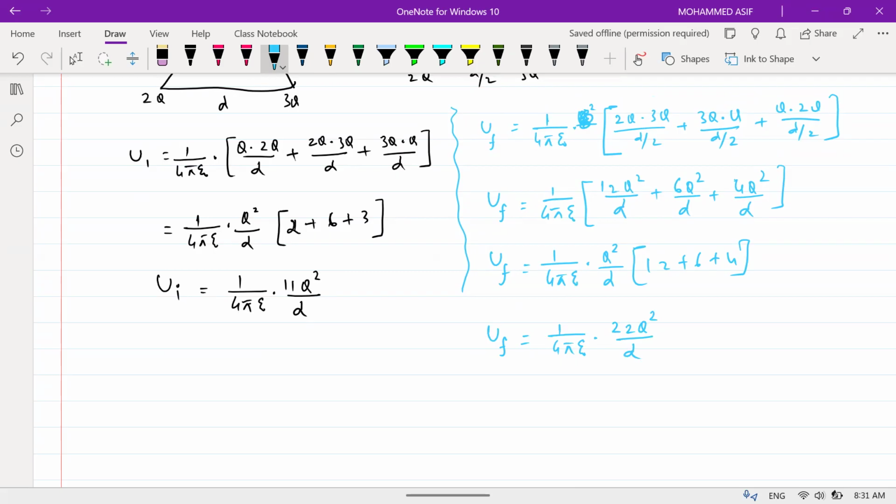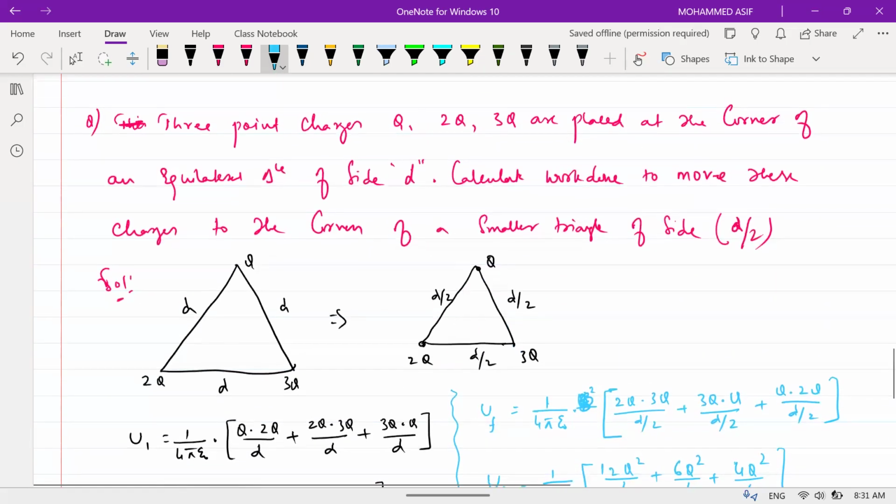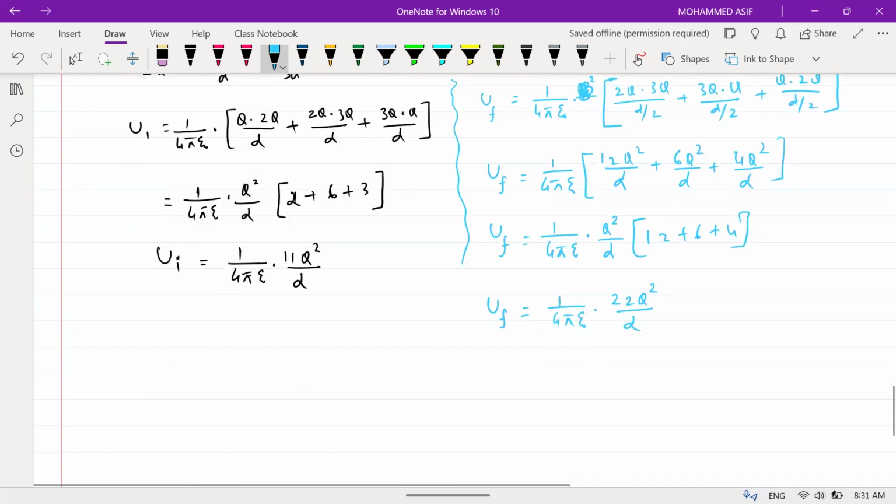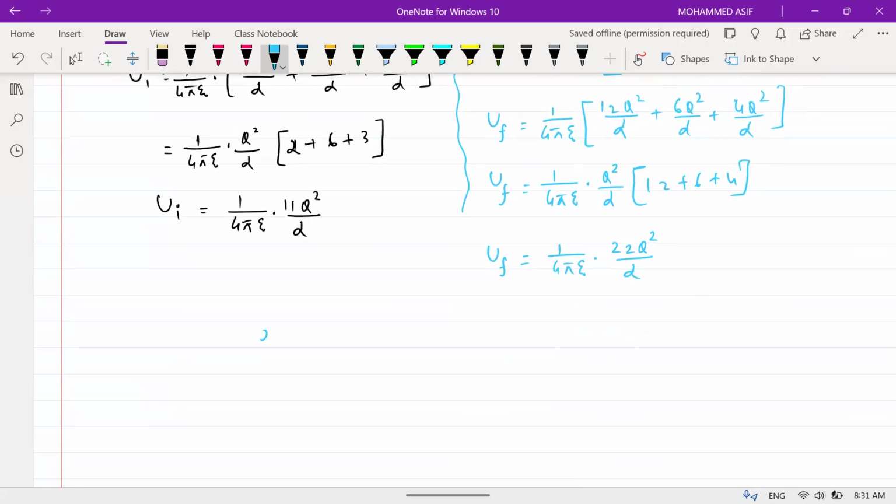What is the problem asking us to calculate? Work done. What is the work done formula, beta? Work done to move from one point to another point is equal to U2 minus U1, final energy minus initial energy, that is U final minus U initial.